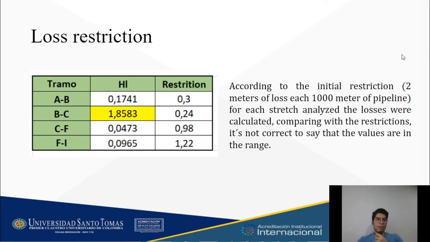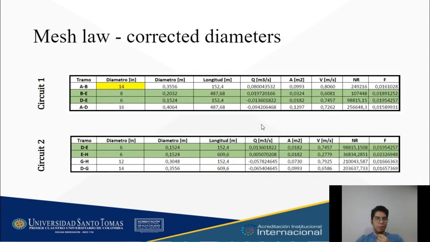and for the restriction that we had before, we could see that the section BC, marked with a yellow section, is over the restriction, so it doesn't work for this solution. We decided to correct the diameters in the mesh law again, not for each circuit.